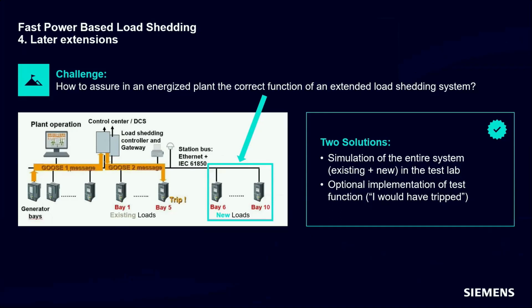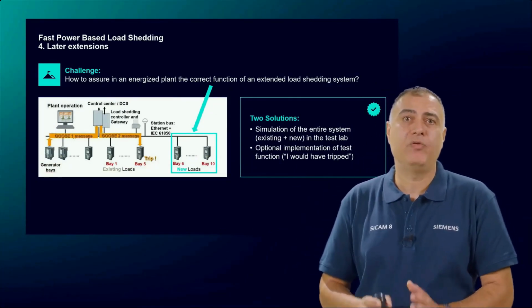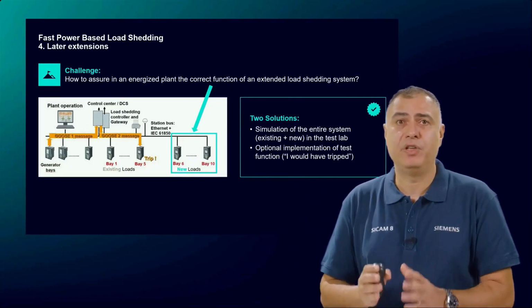It is not possible in a working plant to shed consumers for any test reason. But on the other hand, you need to test all load shedding functions. We have already solved these challenges by providing the following optional test features.